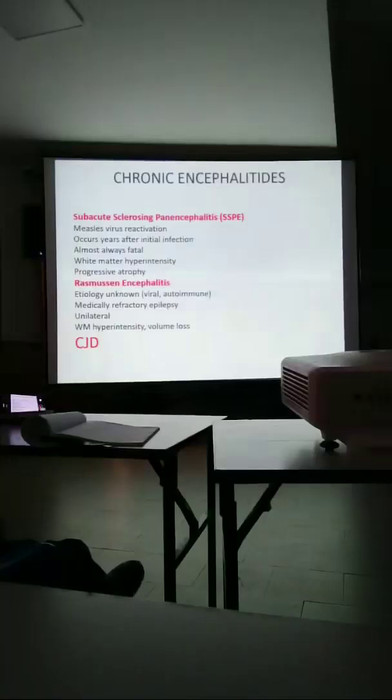They are all acute. What are the chronic encephalitis? Chronic encephalitis, three main diseases: subacute sclerosing panencephalitis after measles infection, reactivation at 3 to 4 years. And Rasmussen's encephalitis, because it will be manifesting as epilepsia partialis continua. That is one thing. CJD is the third one you should think of.